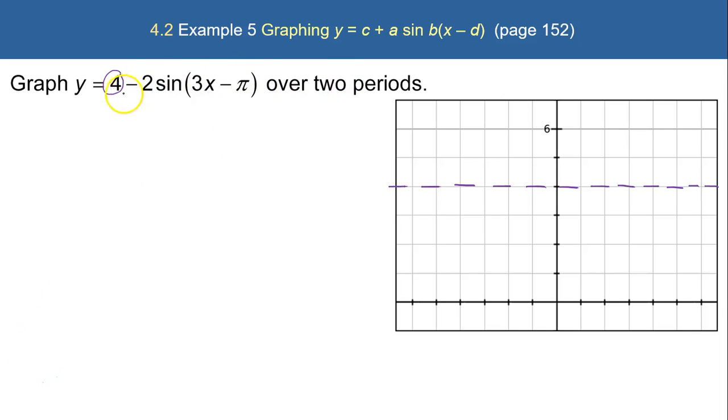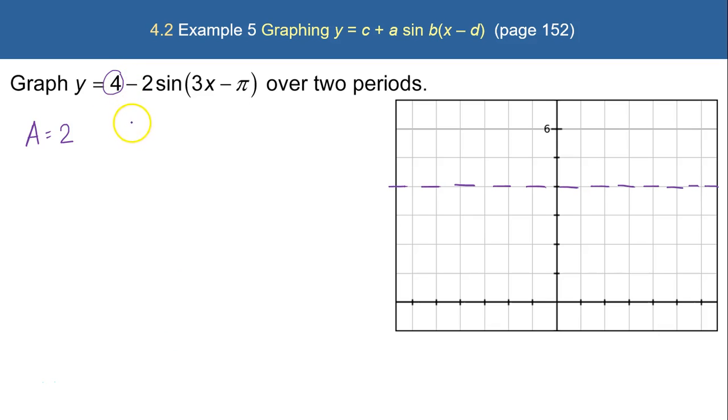And then we have an amplitude of 2. Okay, this is negative, so our sine function, instead of going like this, is actually going to start here and go like that. So it's going to be flipped across the x-axis.